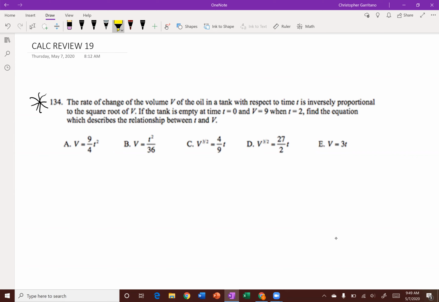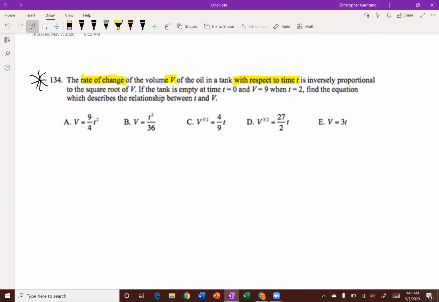First off, we're told that there's some rate of change of volume of oil in a tank with respect to time, and they're saying that that is inversely proportional to the square root of volume. So this is basically describing a relationship which we can convert into mathematical symbols using an equation.